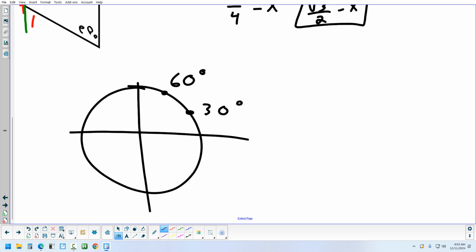The 30 is the triangle we just figured out. The 60 is the one I want to do now. Does anybody notice anything about the red triangle and the black triangle?